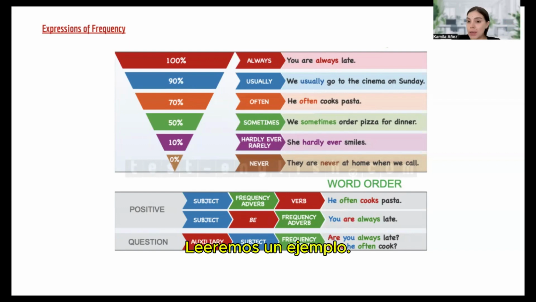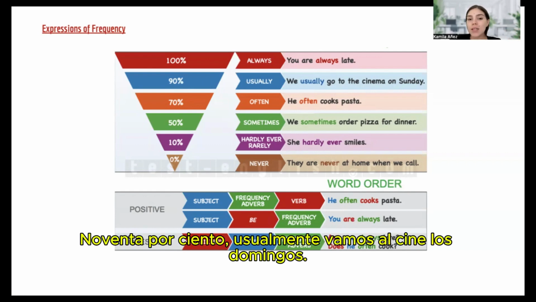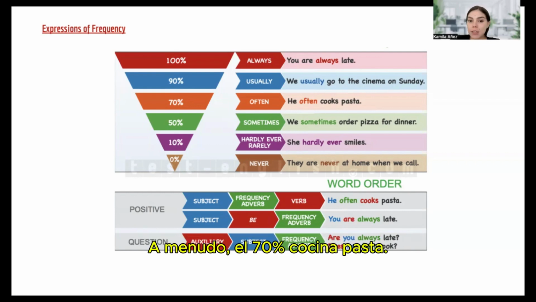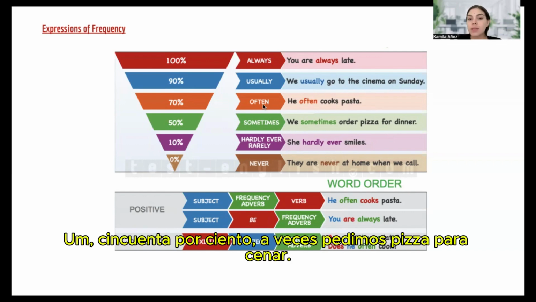We have 100% as in always. We are going to read one example. You are always late. 90%, usually. We usually go to the cinema on Sunday. 70%, often. He often cooks pasta. 50%, sometimes.